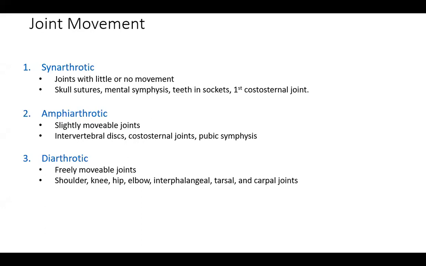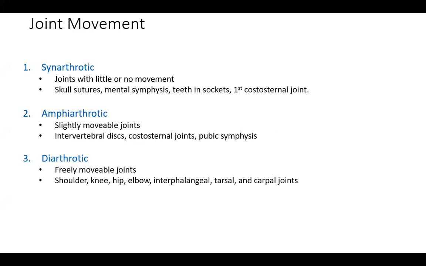These are what we call the immovable joint or the synarthrotic joint. At some point they probably did move. The bones of our skull had some give, with the fontanelles there to give us some room as our brain continues to grow. But once we reach adulthood, that all stops.